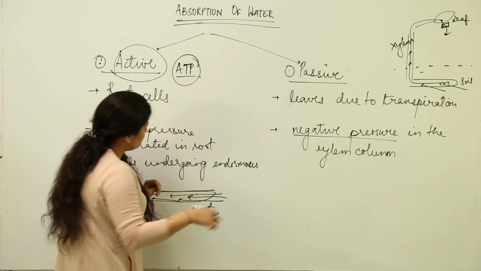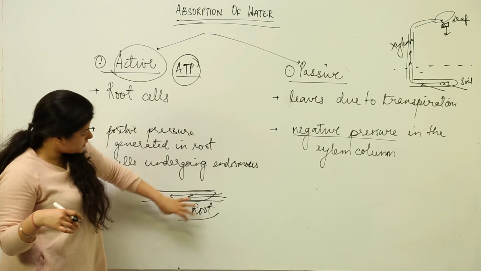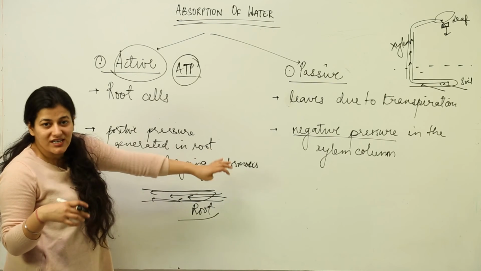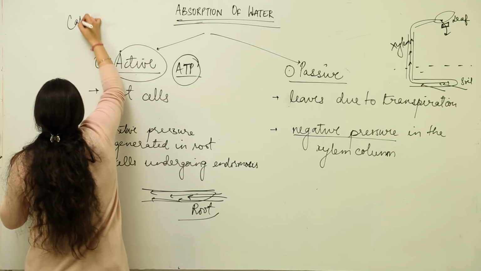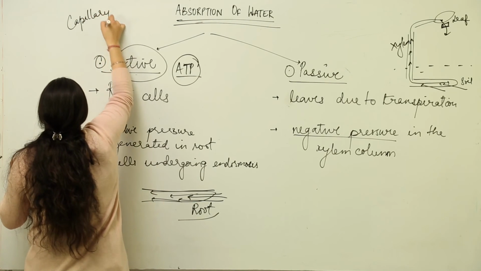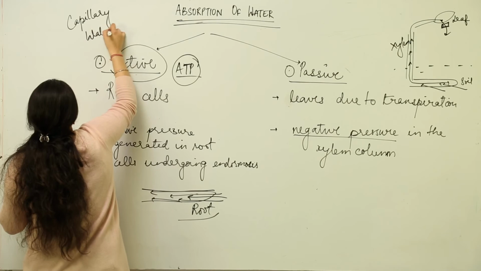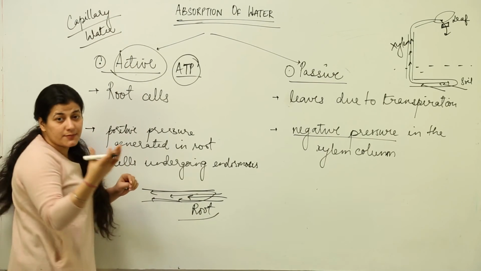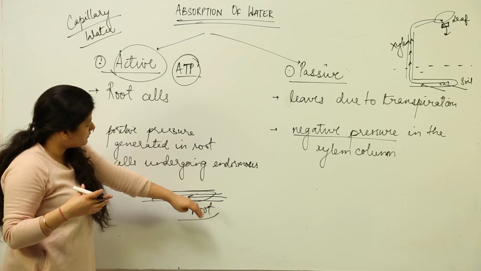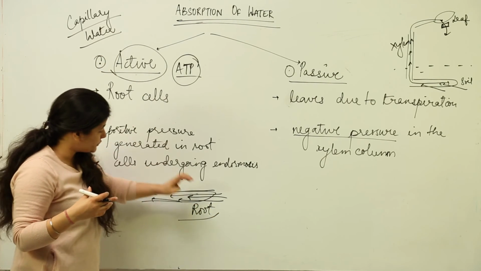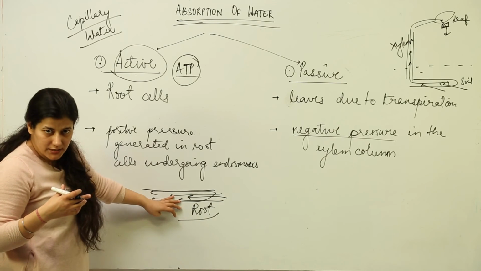You can recall the root anatomy. The root cells which are in contact with the soil would take up the soil water. Soil's capillary water, which we have studied in lower classes, is taken up by the plant. We call that hygroscopic water. This capillary water enters the root cells.